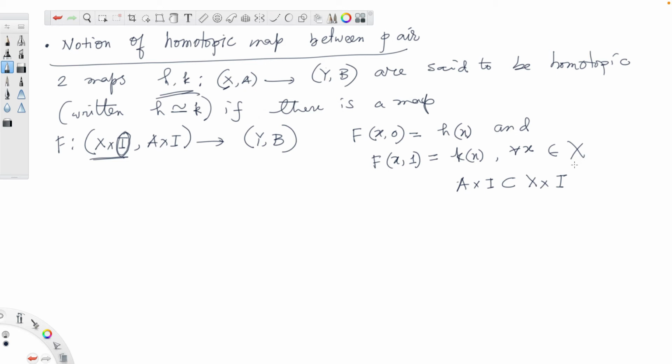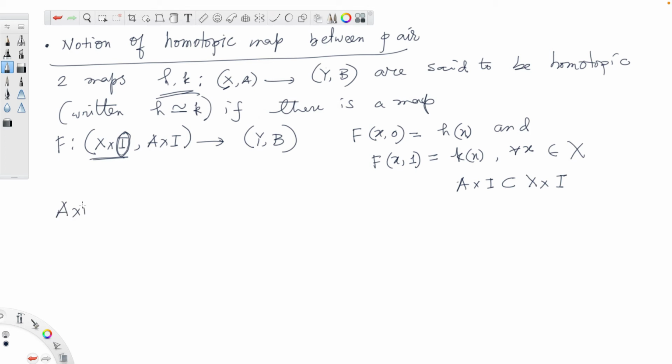So this is the notion of homotopy between two maps of pairs of topological spaces in the admissible class.